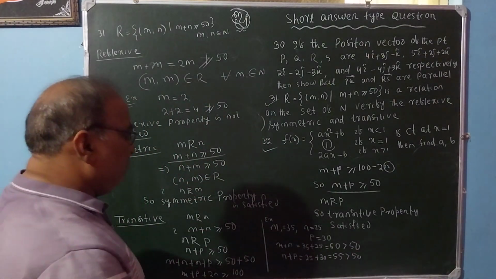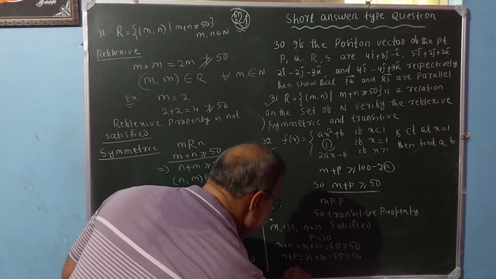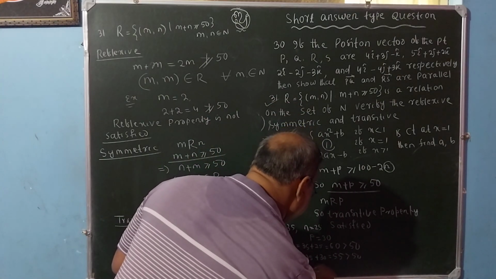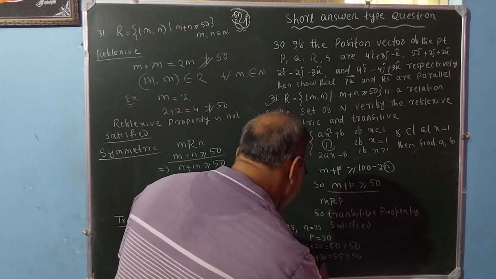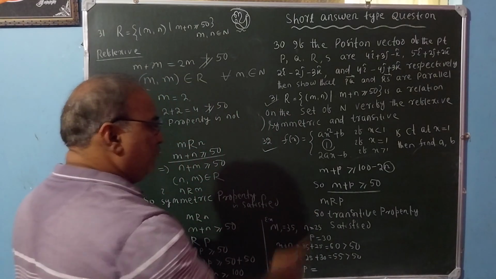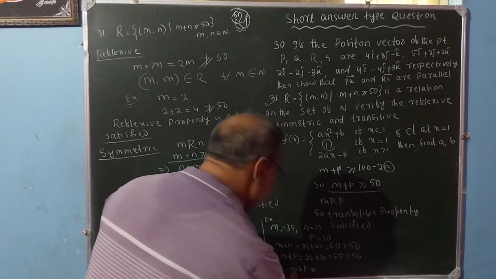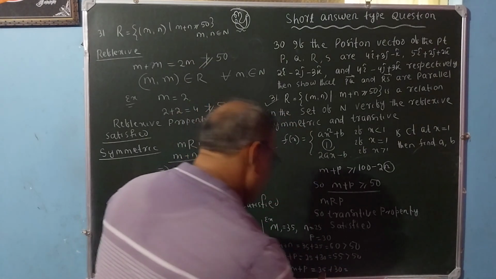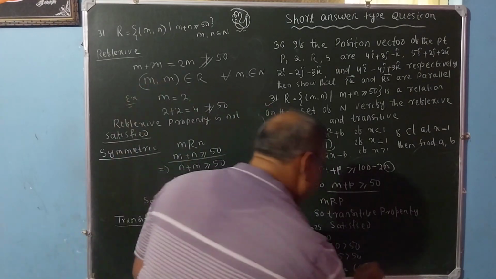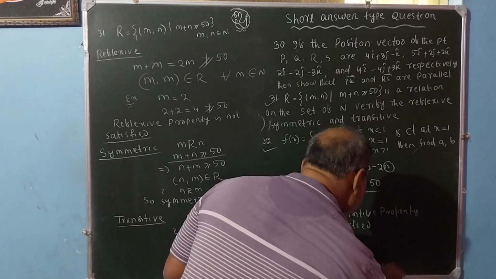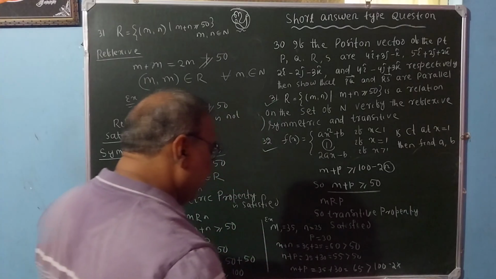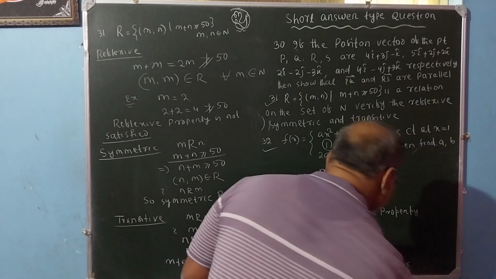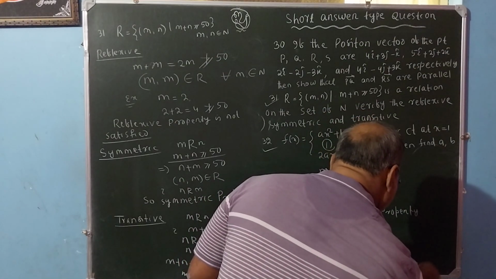Our aim is to show that m plus p is greater than or equal to 100 minus 2n. m plus p means m is 35 and p is 30, so it is 65, which is greater than or equal to 100 minus 2 into n. n is here 25, so 100 minus 50, that is 50, and 65 is greater than or equal to 50.